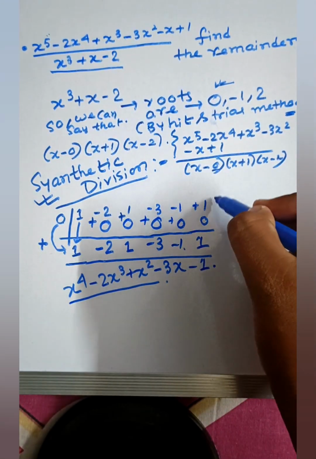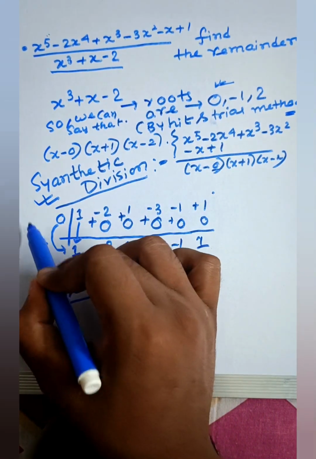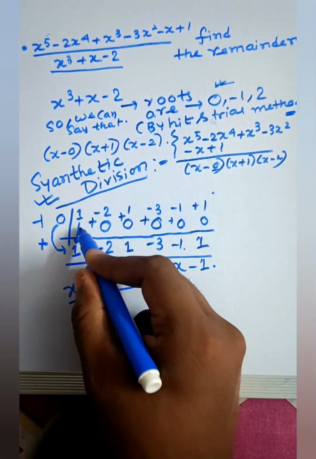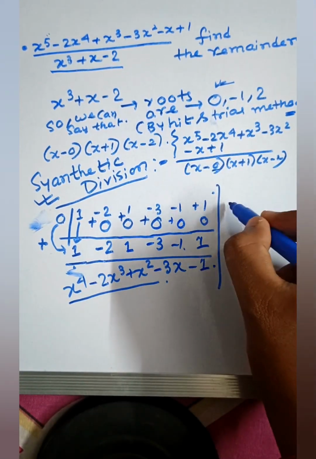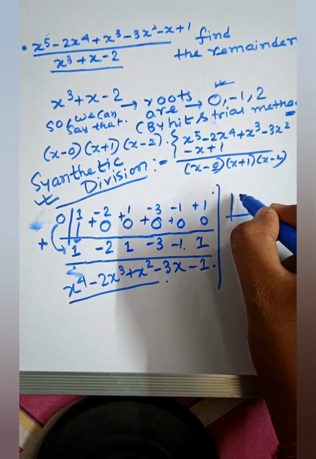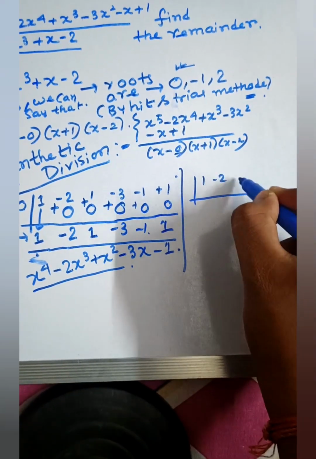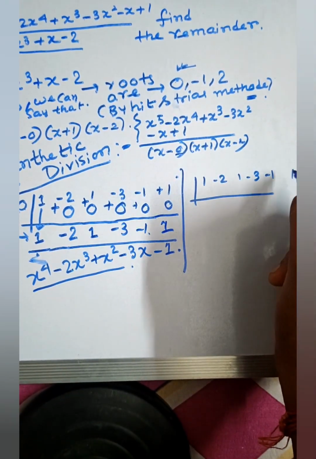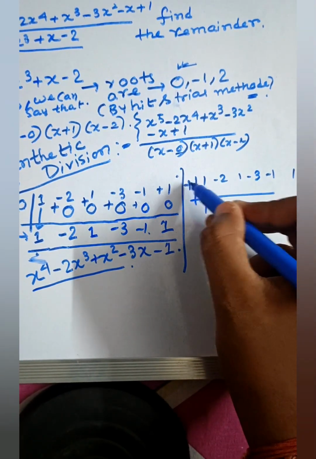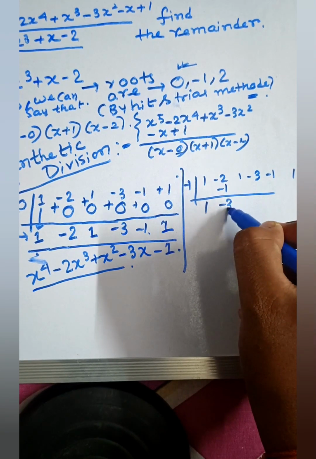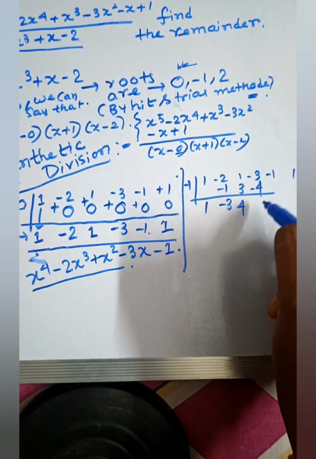Similarly, if we divide with respect to minus 1, we write 1, minus 2, 1, minus 3, minus 1, 1. So minus 1 into 1 is minus 1, giving minus 3. Minus 1 into minus 3 is 3, giving 4. Minus 1 into 4 is minus 4, giving minus 7.